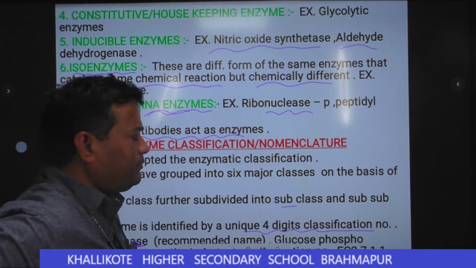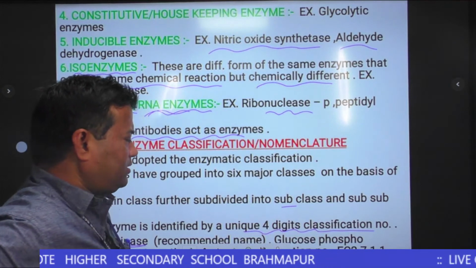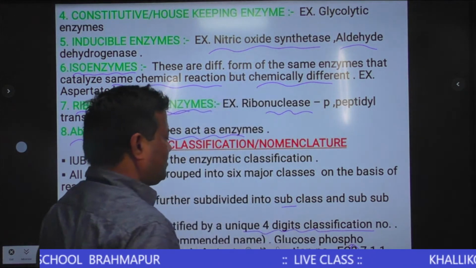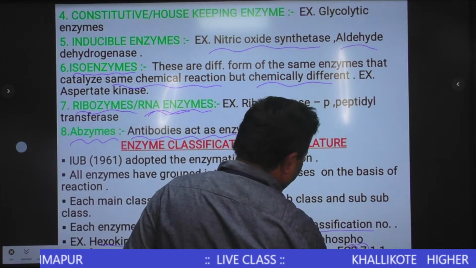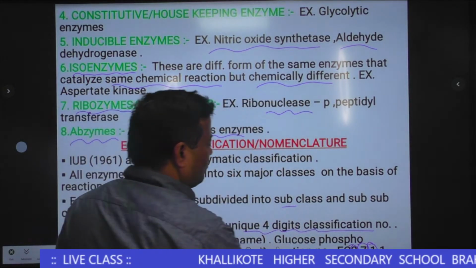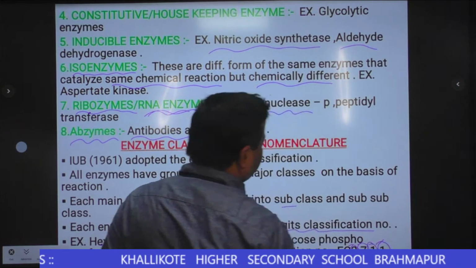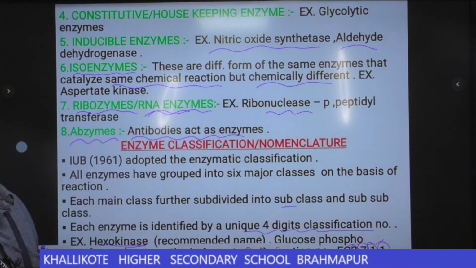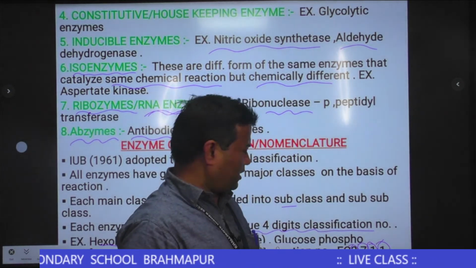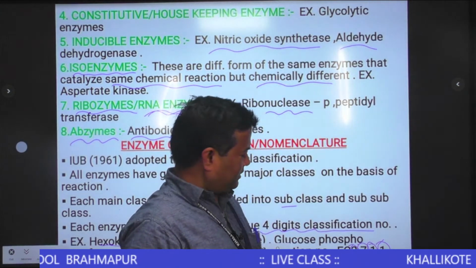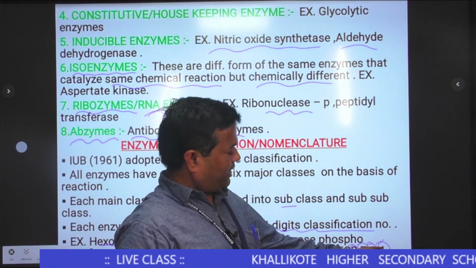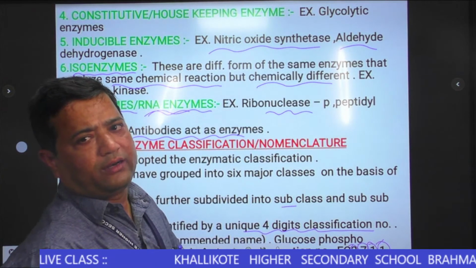E means enzyme, C means commission, enzyme commission. 2 is the major class, 7 is the subclass, 1 is the sub-subclass, and the last 1 is the serial number of the sub-subclass.